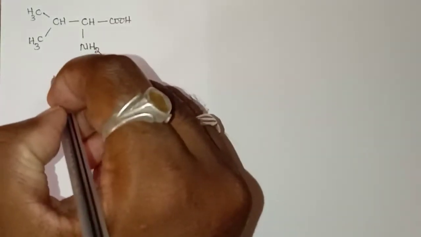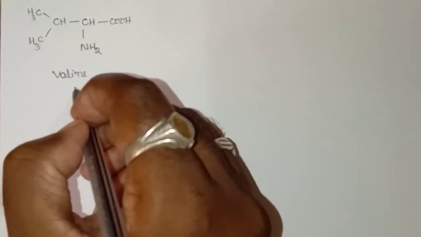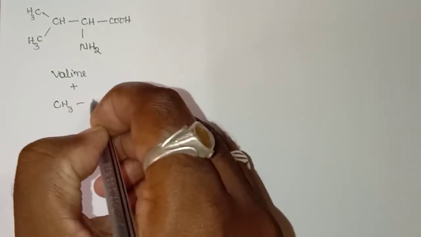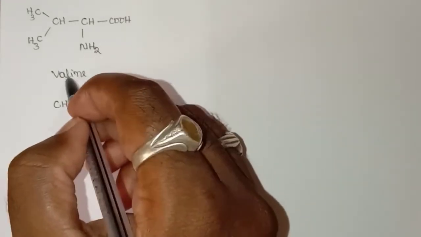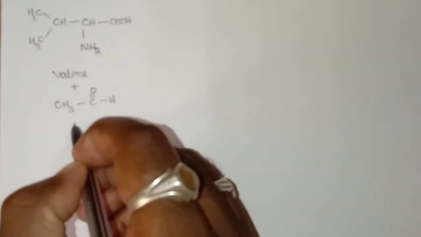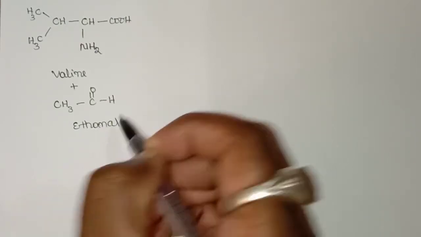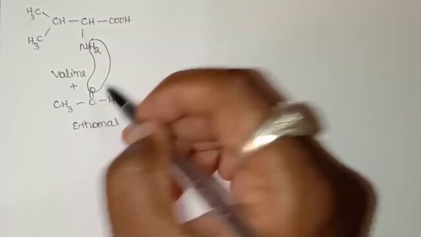Let us consider the amino acid that is valine. So when it reacts with acetaldehyde, which is having the formula CH3CHO, upon reaction of valine with acetaldehyde, the H2 will eliminate with the oxygen which is doubly bonded with carbon.